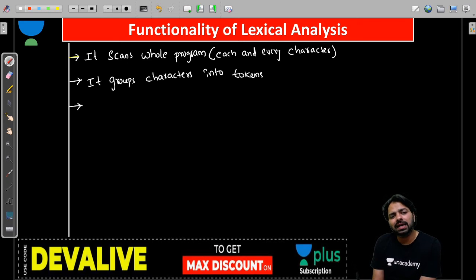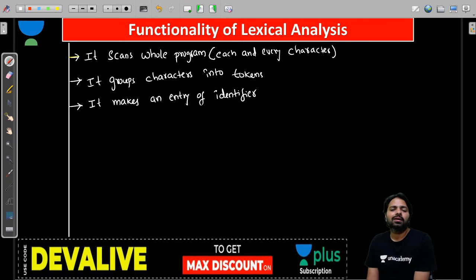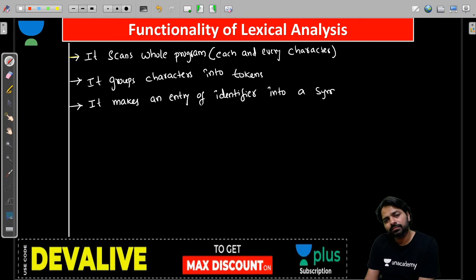The lexical analyzer is also responsible for making an entry into the symbol table for each identifier. Whenever it detects an identifier, it makes an entry of the identifier into the symbol table, and it might also give some attribute properties of each identifier in the symbol table.